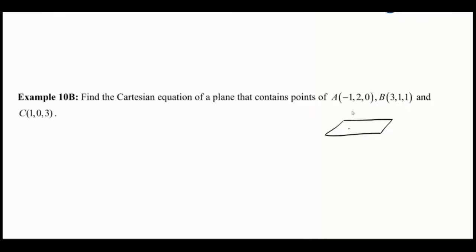So point A, point B, point C. So to find the normal, which is perpendicular to the plane, your N will be AB and AC. So we're going to have I, so here it will be AB cross AC.